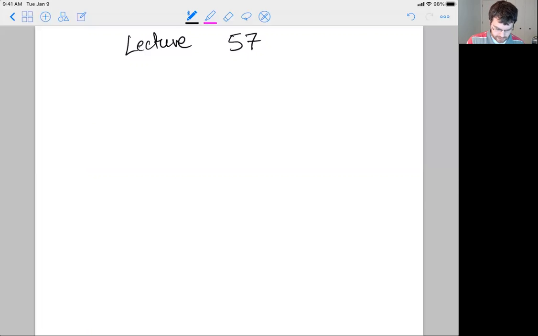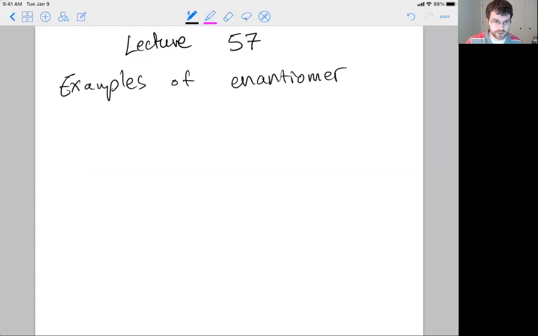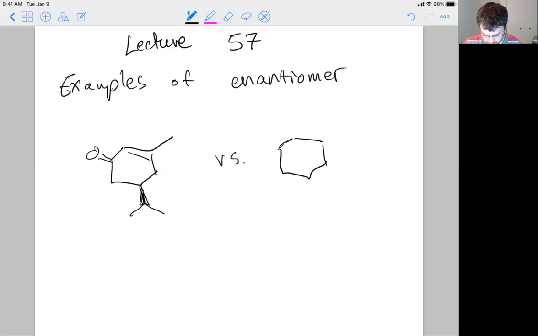Okay, so let's look at an example of a few pairs of enantiomers. Remember that a chiral molecule can only have one enantiomer. So examples of a few enantiomer pairs are this molecule, and then I'm going to draw the enantiomer as the mirror image.